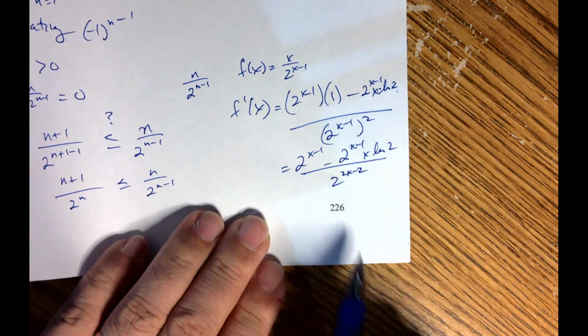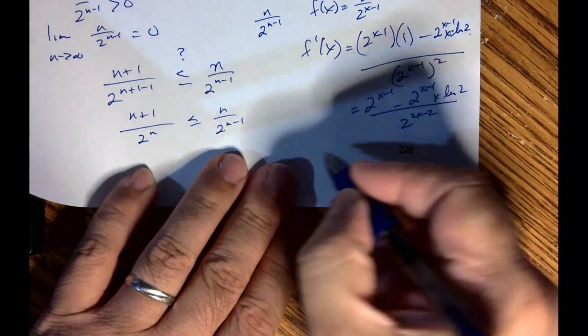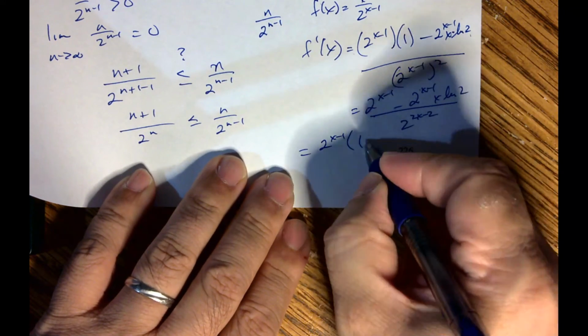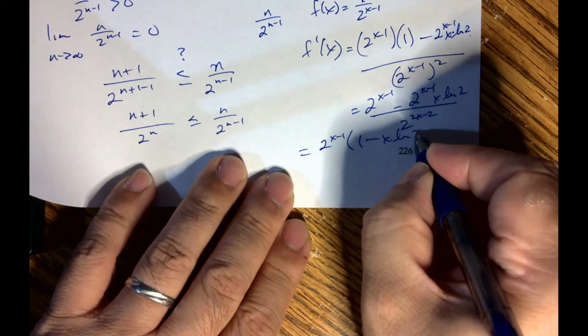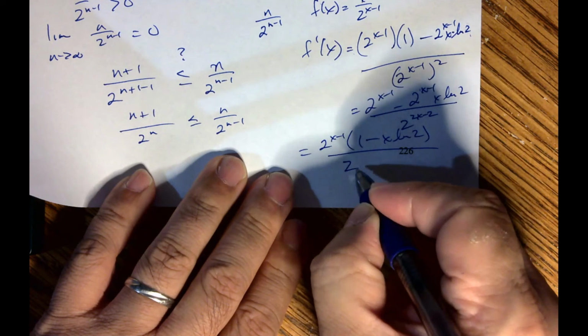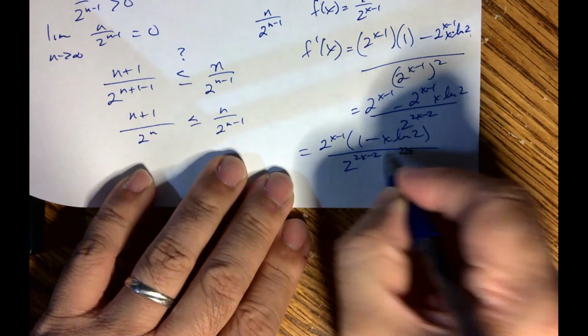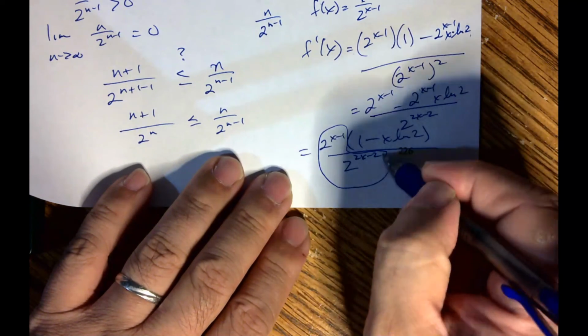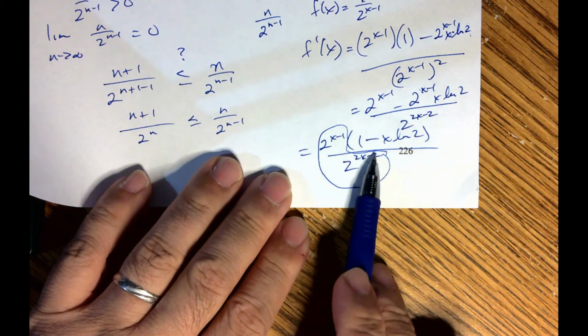All I did was distribute the 2. And that's going to be factoring out 2 to the x minus 1. So it's 1 minus x natural log of 2 over 2 to the 2x minus 2. All right, so this part here alone is positive. That's positive. So what's going on here?